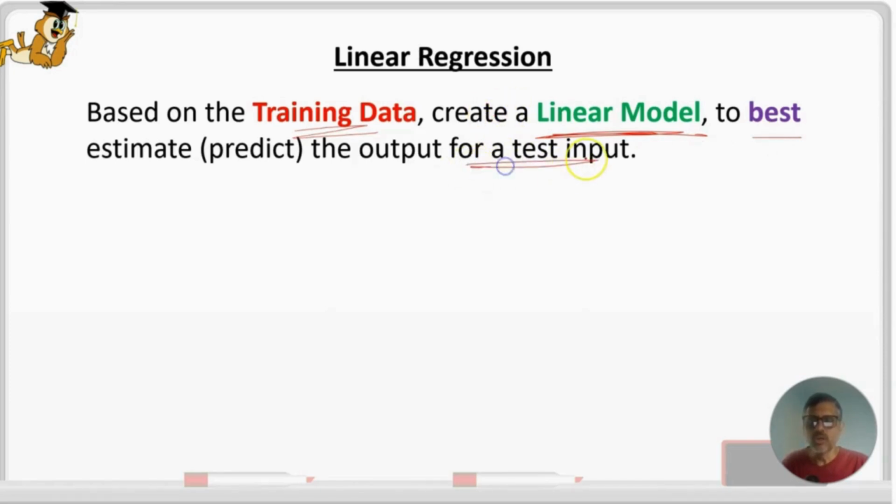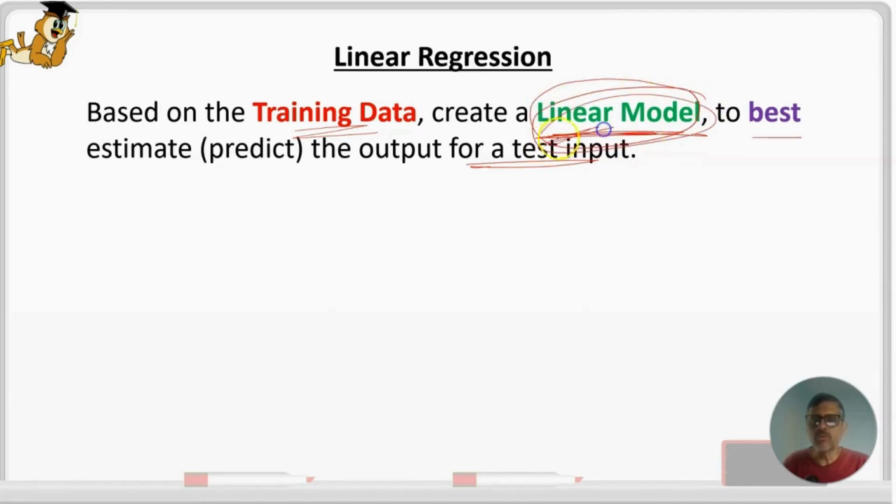Okay. So in the general regression problem, I said that we need to create a model that mimics the input-output behavior on the training data, and can therefore best estimate the output for a test input. In the specific case of linear regression, the model just happens to be a linear model.